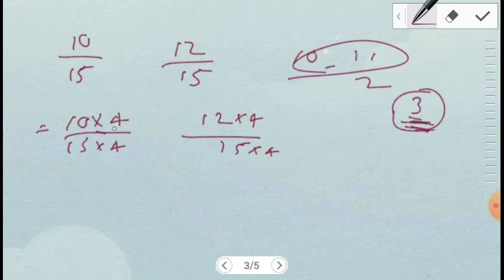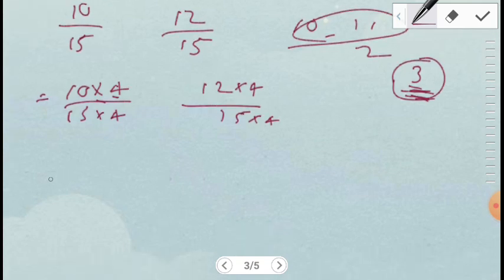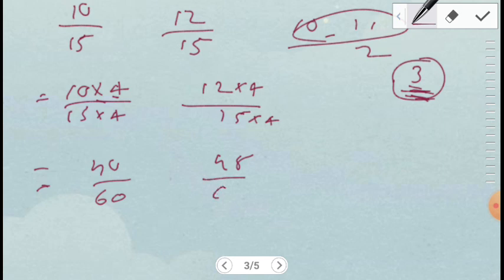We require 3, but we will always write 4 here. So I will get here 40, here 60, and here 48 upon 60.